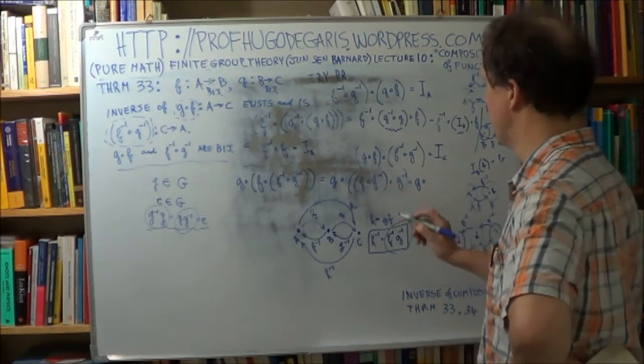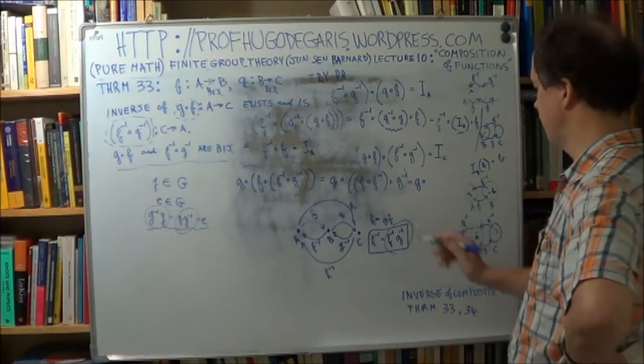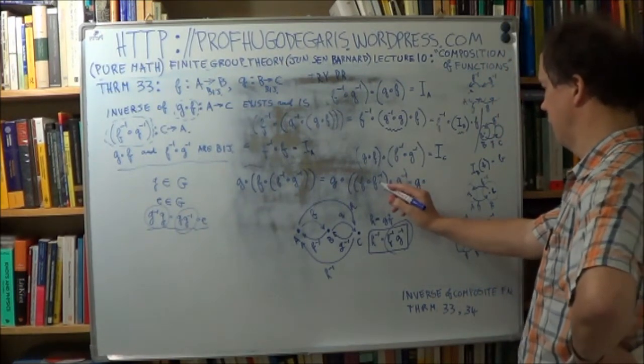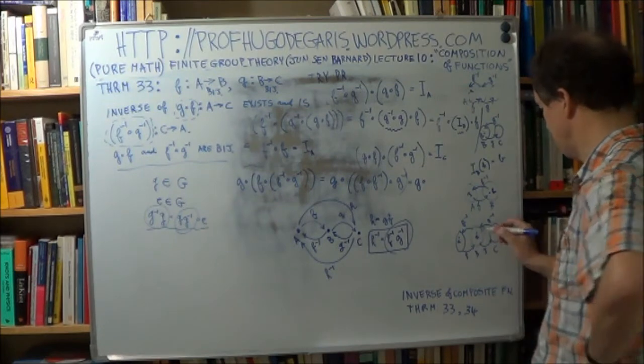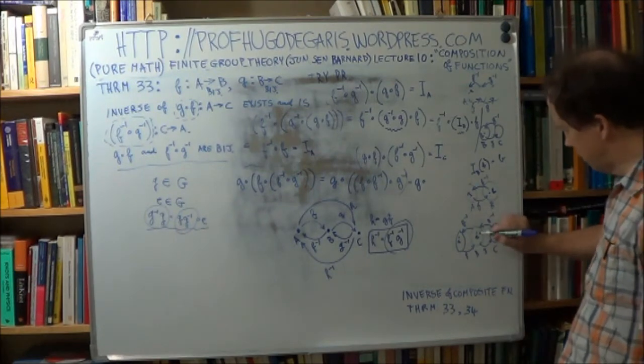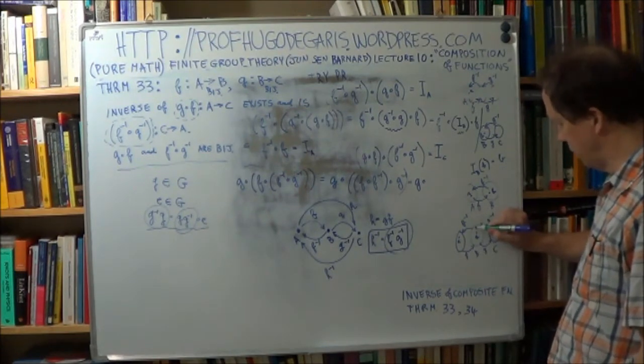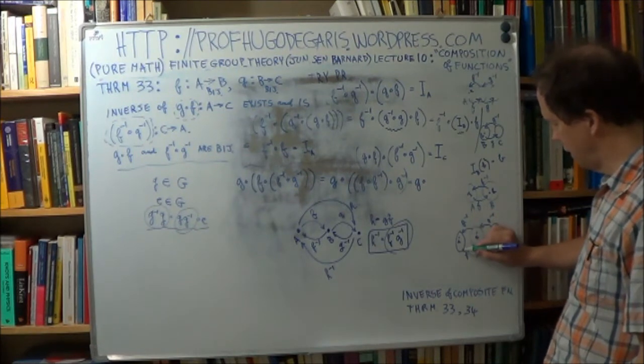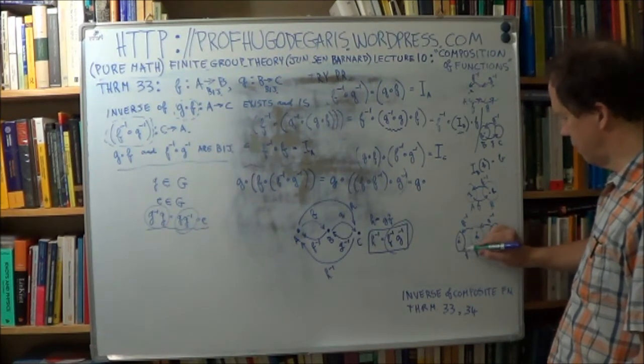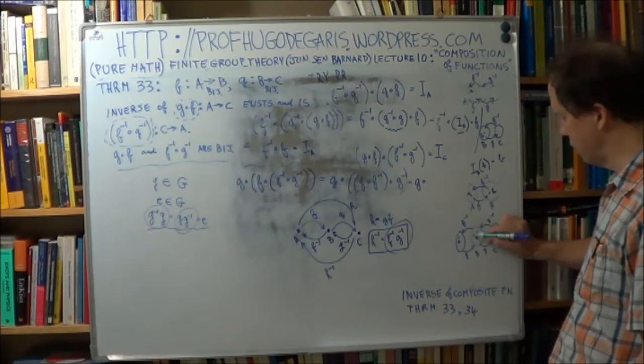You're doing f inverse first, so you're starting in set big B. You do f inverse first, and then cancel it by f coming back.